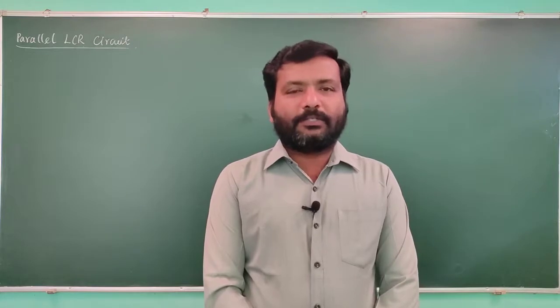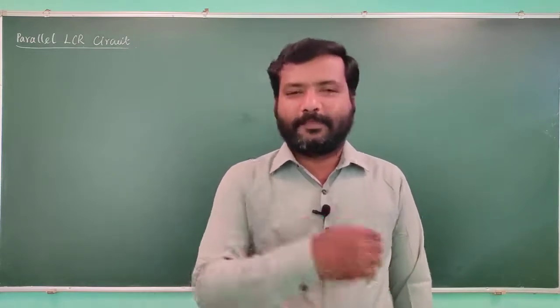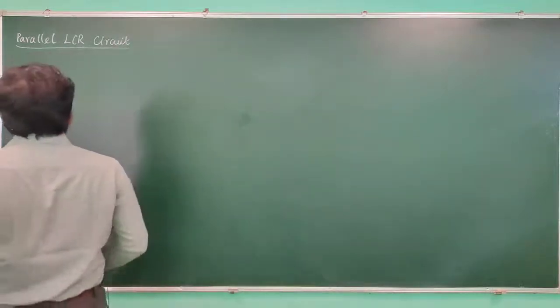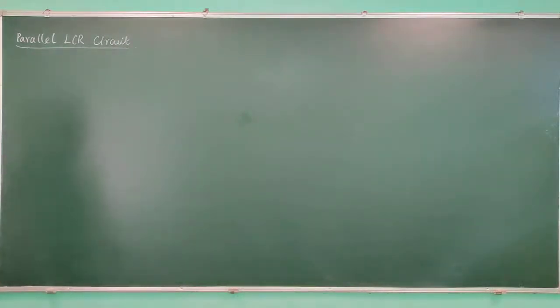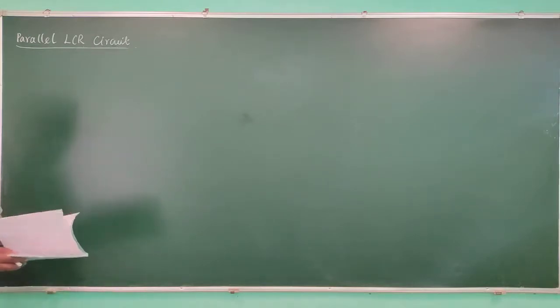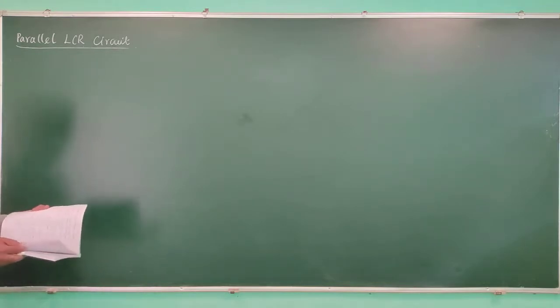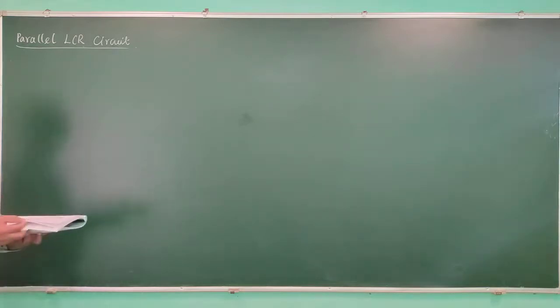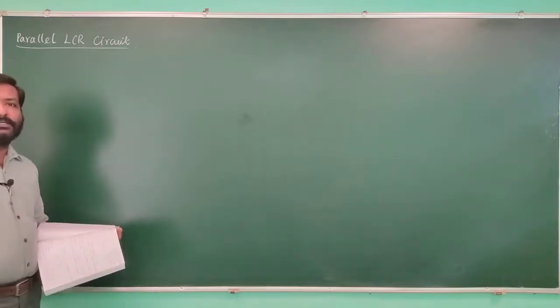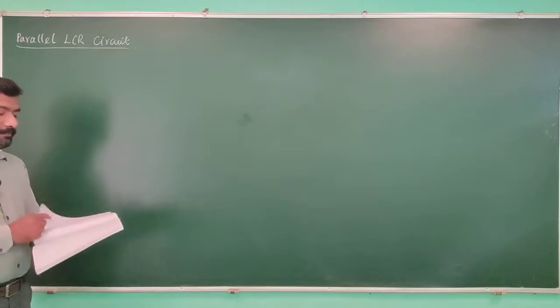So in today's lecture, we are going to discuss the parallel LCR circuit. There is a small difference between series and parallel LCR circuits. In a series LCR circuit, the capacitor, inductor and resistor are all connected in series.